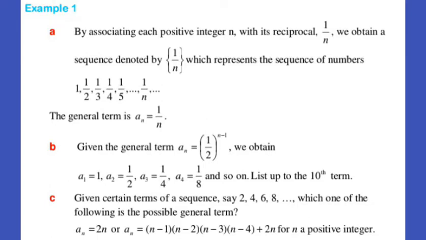Given certain terms of a sequence, say 2, 4, 6, 8, which one of the following can be its general term? One, an equals 2n, or an equals (n minus 1)(n minus 2)(n minus 3)(n minus 4) plus 2n, for n a positive integer.